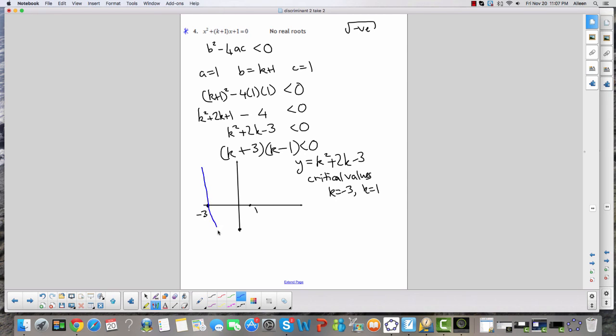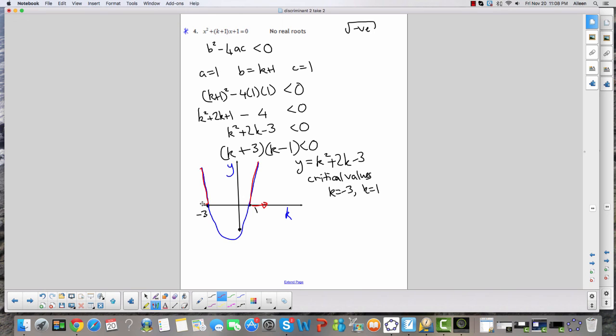Okay, so these are the values of k squared plus 2k minus 3. Shown here, this is the k-axis, this is the y-axis. And we see that these values are positive over here for these values of k, and over here for these values of k.